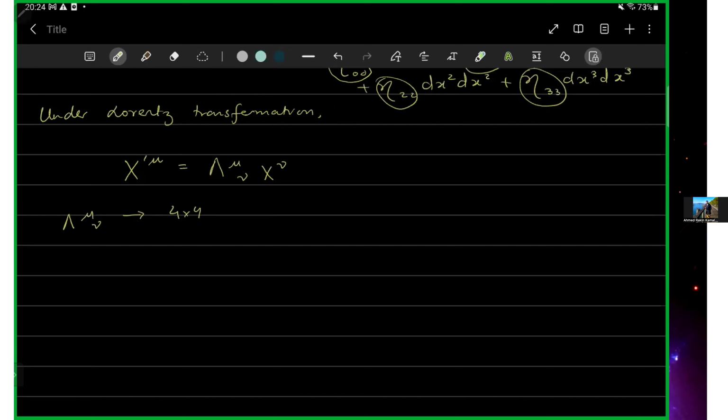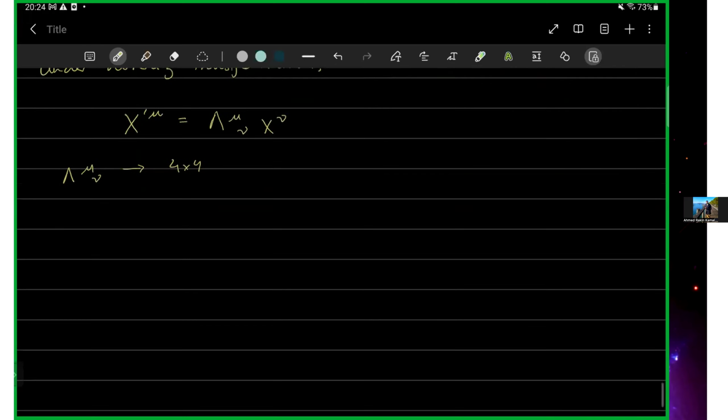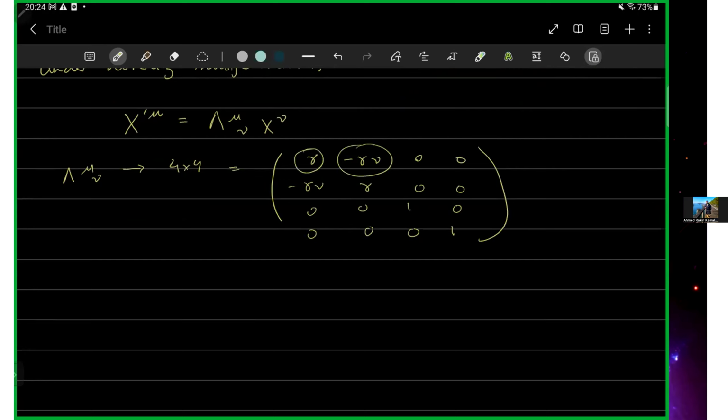And for the specific Lorentz transformations, this must take the form of gamma, minus gamma v, minus gamma v, gamma, and the rest are 0. And this is 1, and this is 1 for the y and z, because y prime equals y and z prime equals z, right, as we saw.